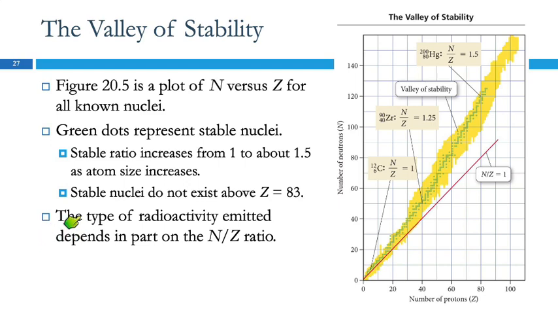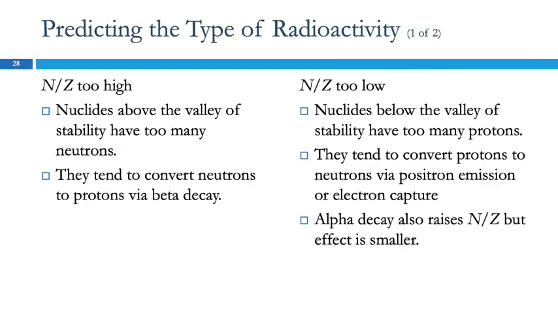So the type of radioactivity that gets emitted depends partly on the N to Z ratio. So if your N to Z is too high, that means you've got too many neutrons. So then you're going to tend to have beta decay where neutrons get changed into protons.